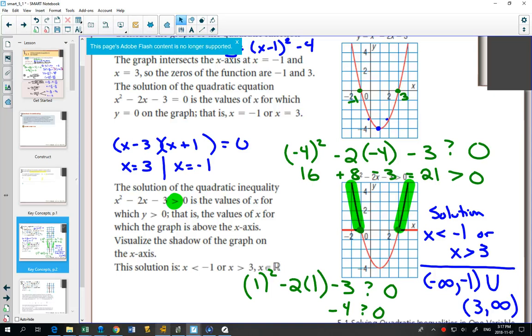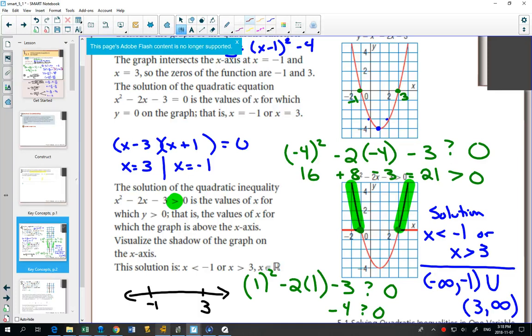Another method for finding out where something is true or not is with a truth table. This comes up a fair bit once you take calculus in grade 12, so it's a nice technique to learn. You find out where it's equal to 0. It's equal to 0 at -1 and at 3. Those were the values that were equal to 0.